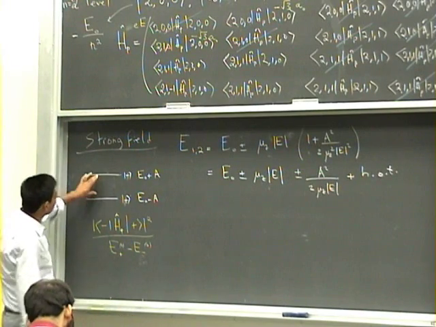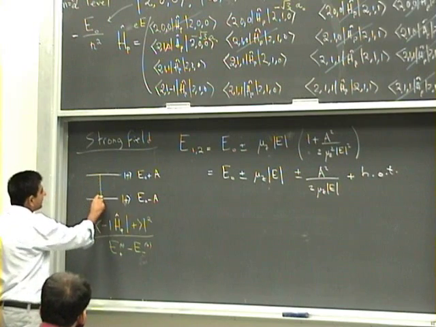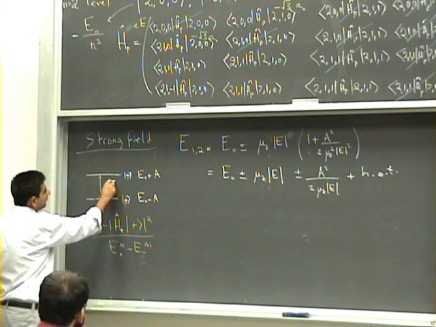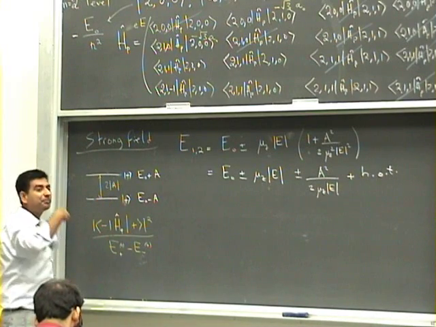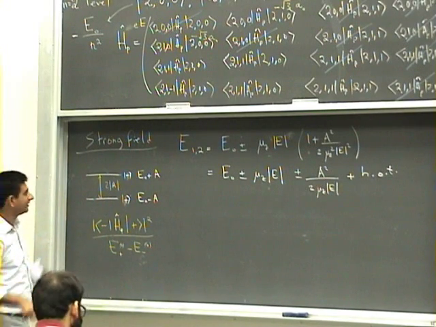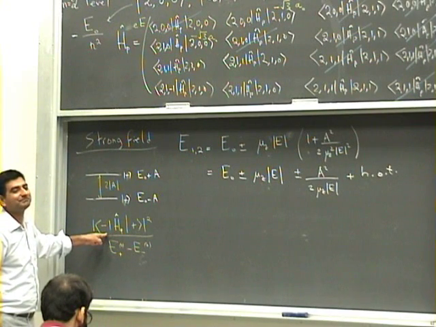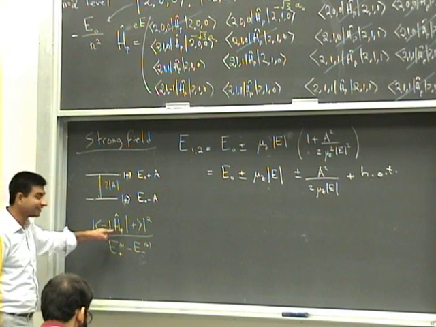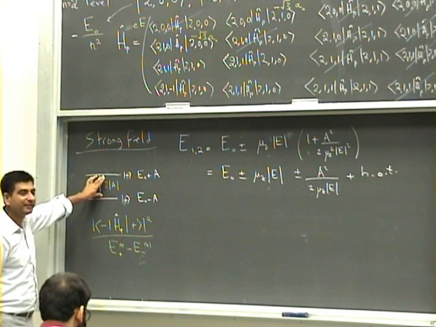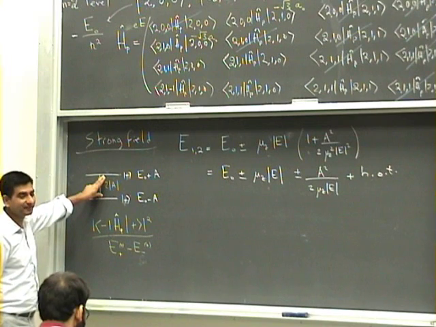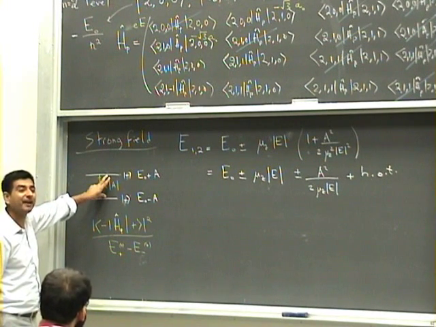In general, if we have unperturbed states and there is a difference between them, here the difference is 2A. And if the inner product of the applied perturbation is much larger than the difference between these states, then it's not legitimate to treat these states as having different energy.